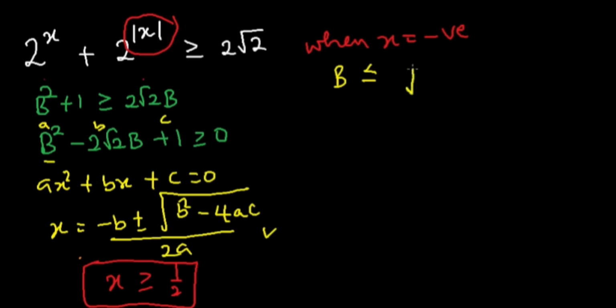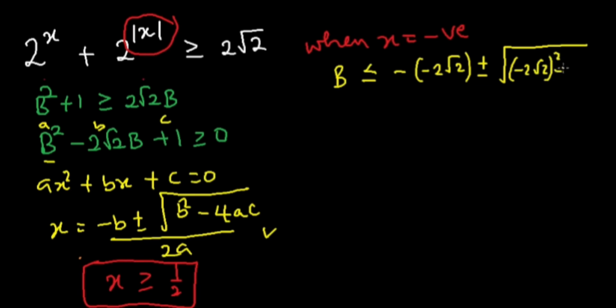So I have square root. Alright, what's my b? My b is minus 2 root 2 plus or minus the square root of b squared, which is minus 2 root 2 again, minus 4ac, all over 2a. That's 2a there.